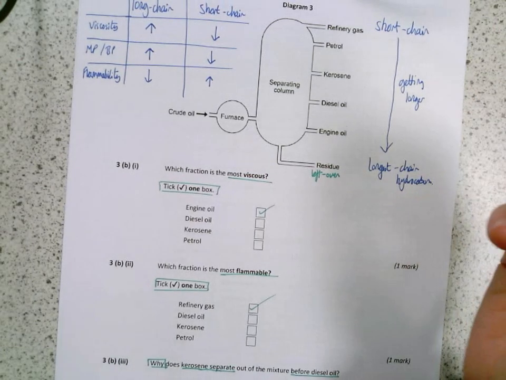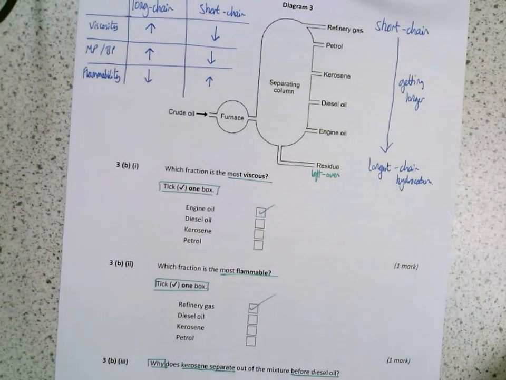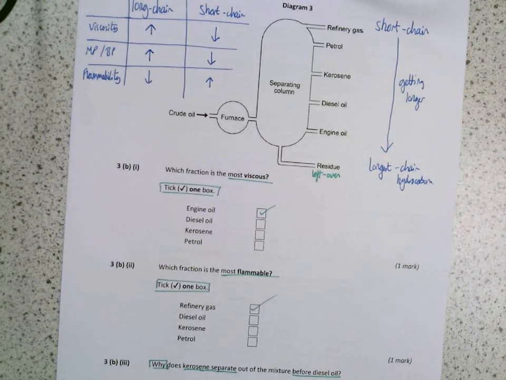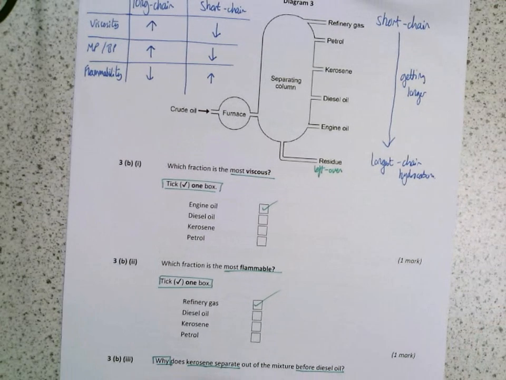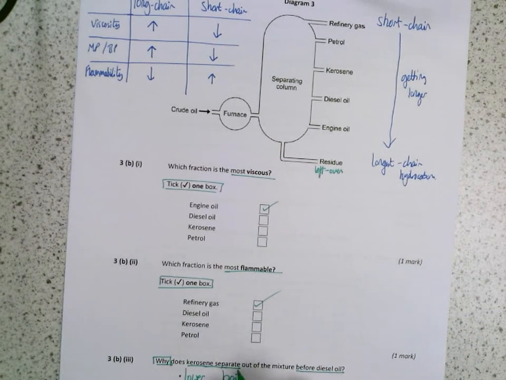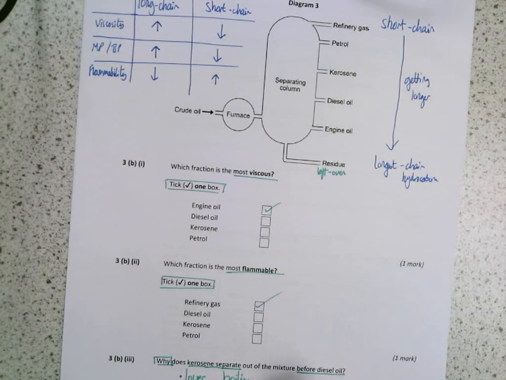It's going to condense first because it has the lower boiling point. Now, that's the answer that's on my mark scheme. If you said it will condense first, you're right, but you need to talk about it having a lower boiling point. Okay?